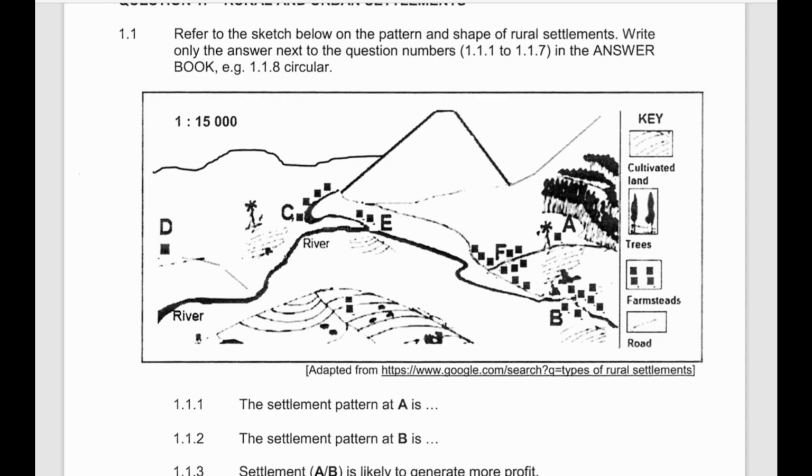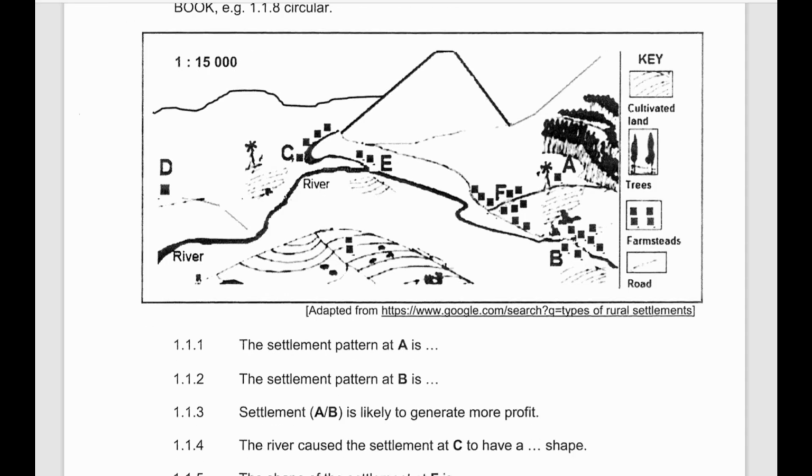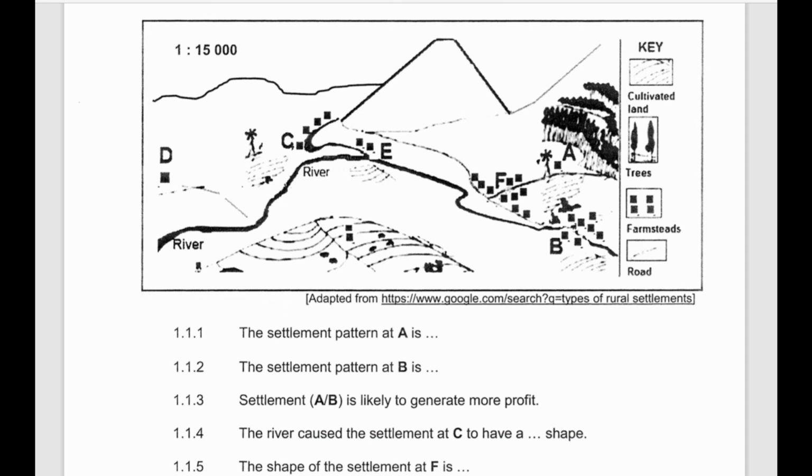Right, if we analyze this illustration before we attempt the question, we can figure out the sense of the settlement being illustrated. You can see we have our scale here, which is 1:15,000, a relatively large scale map extract.